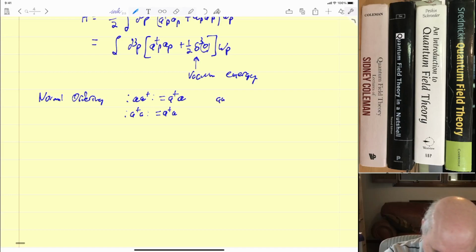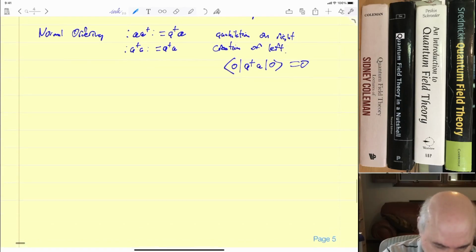It's just a way of crossing this out. Because once you get that, you're always going to get things like 0, a dagger, a, 0, which is equal to 0 because a annihilates the vacuum.